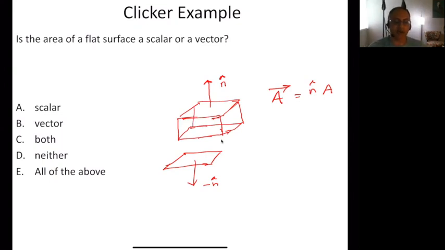In that case, you should always take the outward directed normal. That makes sense? If that area is part of the boundary of some closed shape, then you should always take the normal that goes out of that shape. But if it's just a flat area, then you can take either one, the normal or the one that points in the opposite direction. And usually the context of the problem will tell you which one to take. Is that clear to all of you?